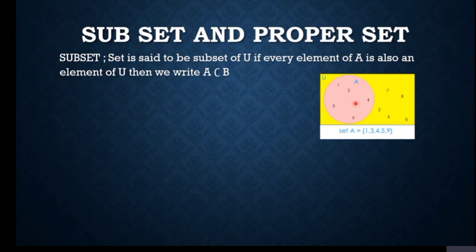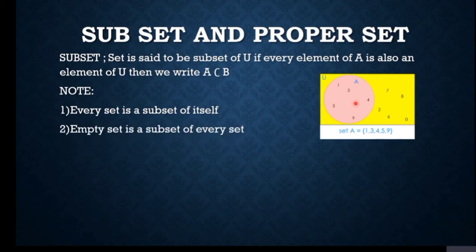A is a subset of U. Every set is a subset of itself. It is one important note. And the second one, the empty set is a subset of every set. These two are important notes for subset.